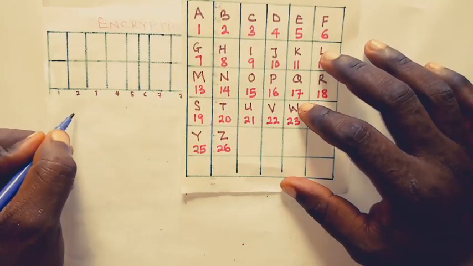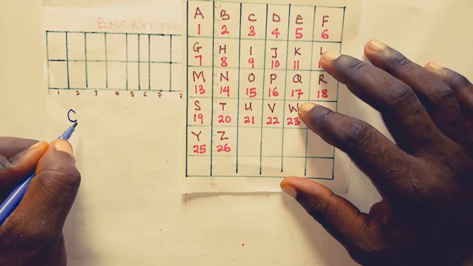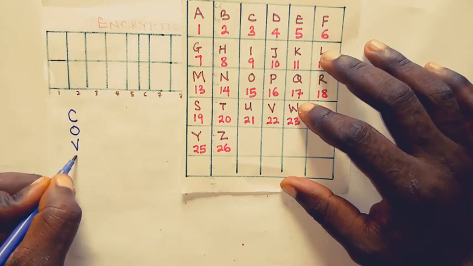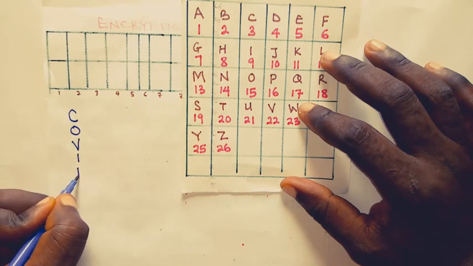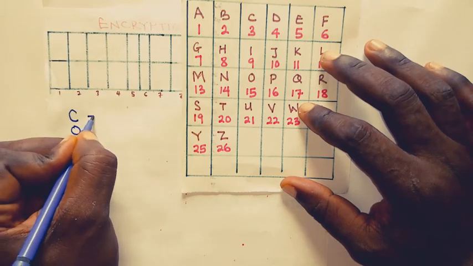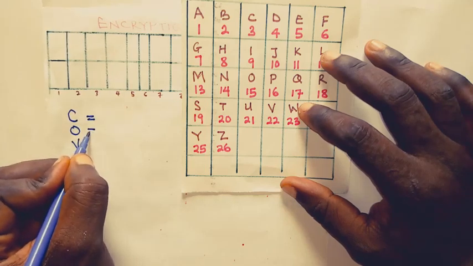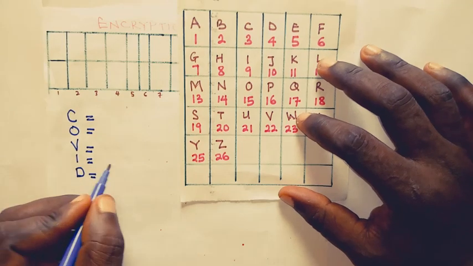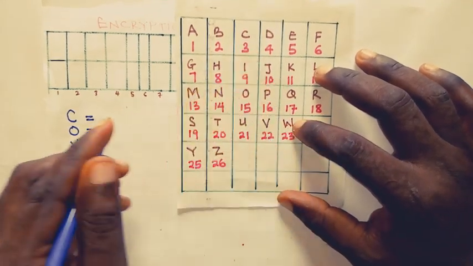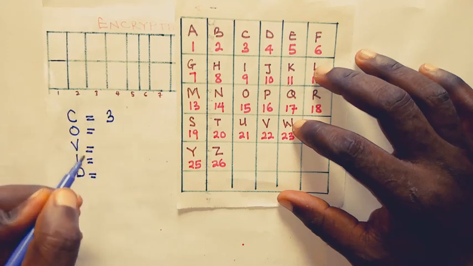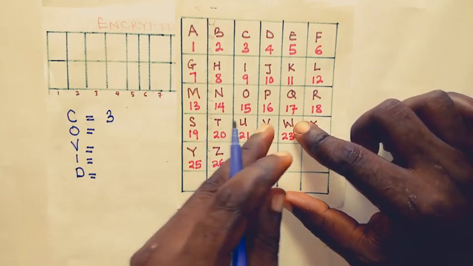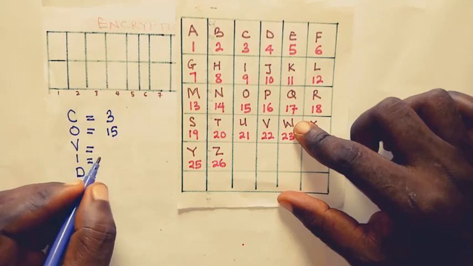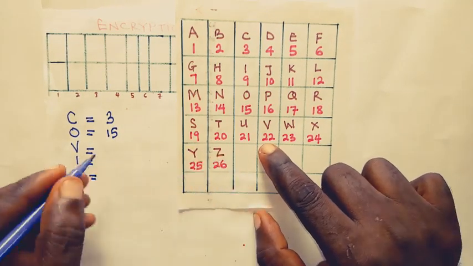So I have COVID: C, O, V, I, D. C, according to this numerical value, is equal to 3. O is equal to 15. V is equal to 22.